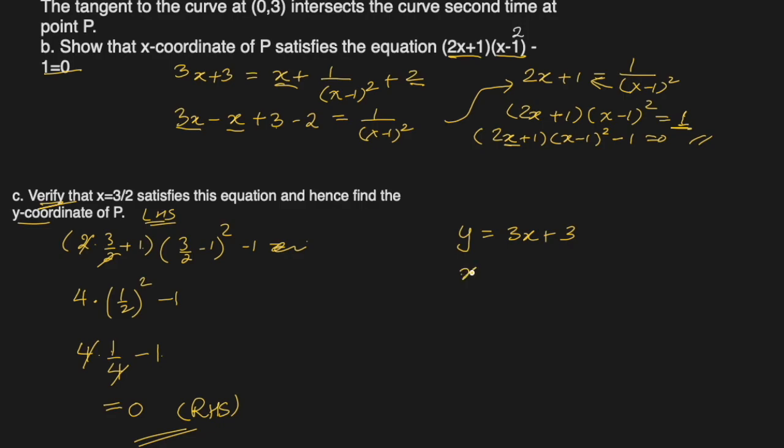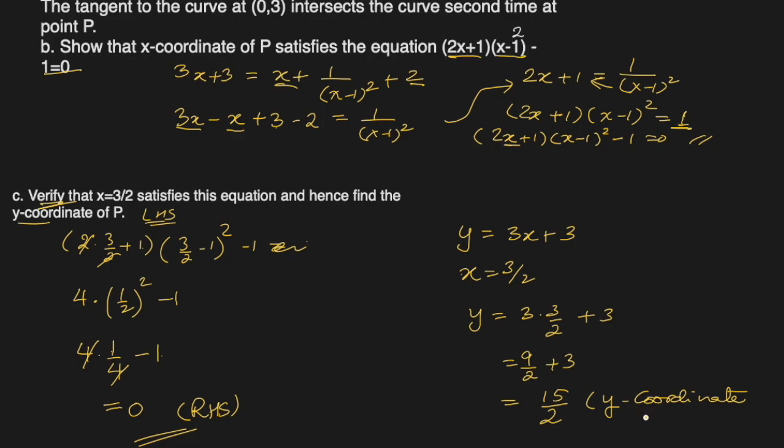So x equals 3 over 2, that's what they're saying. So y is 3 times 3 over 2 plus 3, 9 over 2 plus 3, which is 15 over 2. This is the y coordinate of P.